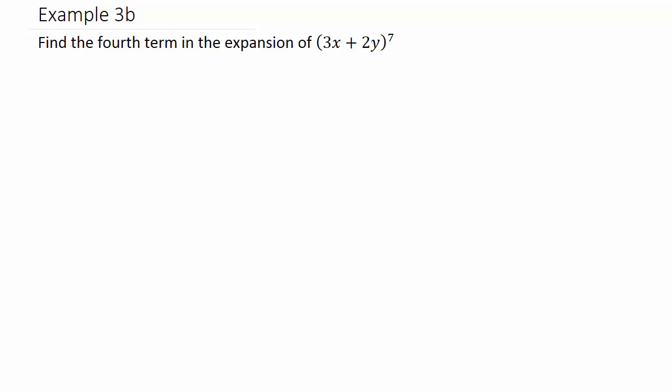Alright, so here's example 3. Let's find the fourth term in this expansion here. Let's write down the formula we just looked at. Remember, the r plus 1 term can be found using combination n choose r times a to the n minus r times b to the r.